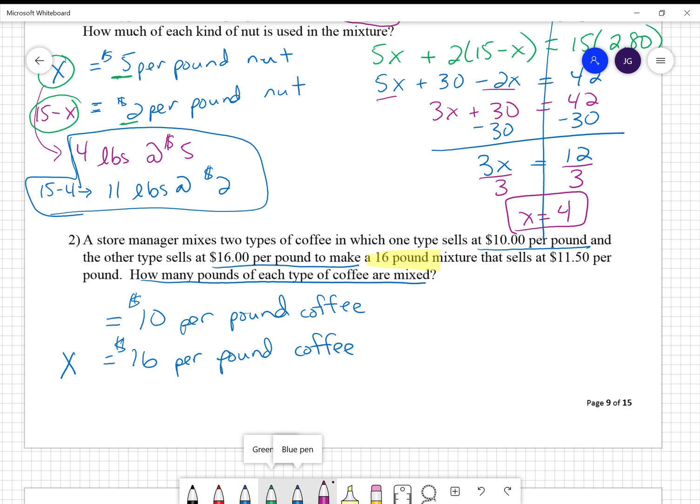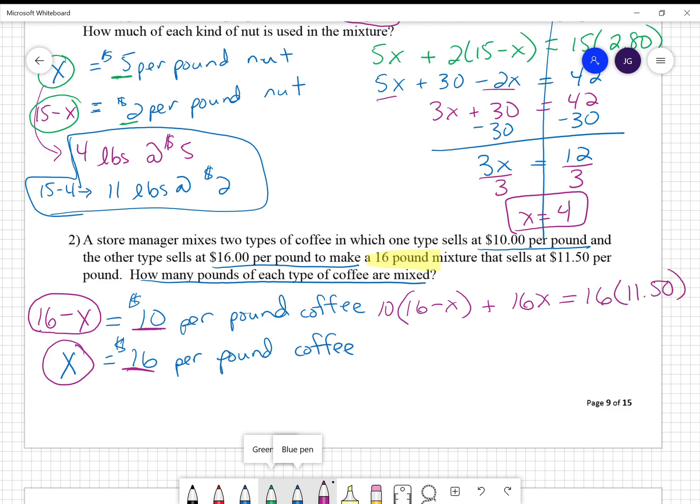So if my one coffee is X, my other one is 16 minus X. Then my equation is the amount, the number of pounds, times the cost. So 16 minus X times 10 plus X times 16 equals 16 times 11.50. The weight times the value.